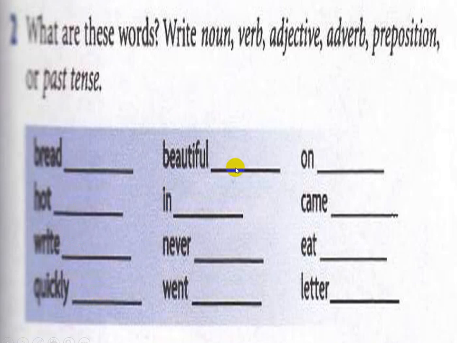Beautiful is an adjective. In is a preposition. Never is an adverb. Went is a verb, but it is past tense. On, preposition. Came is a verb, but it is past tense. Eat, verb. Letter, a noun.